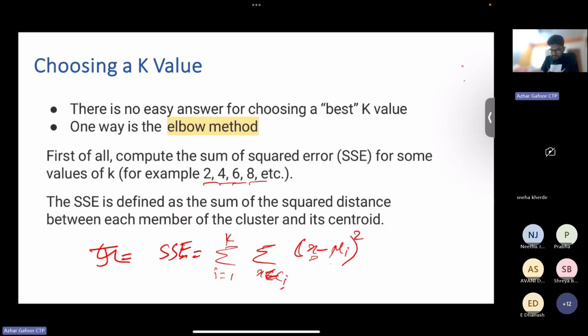So we'll calculate the distance x minus mu i, and we'll square it and add across all the clusters. So this is the SSE.